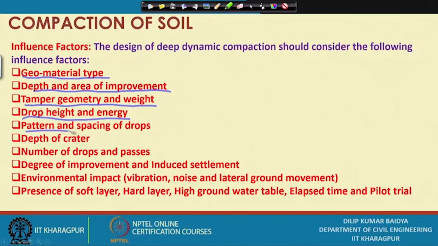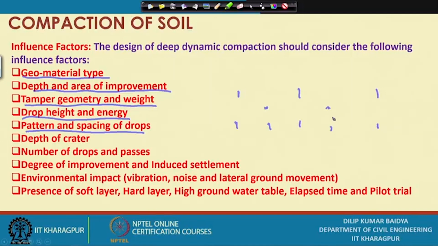Then pattern and spacing of drops. So, how will we place them, at what distance? Sometimes you are doing like this, then doing this. Instead of that, you may do this, and some in between, like this.